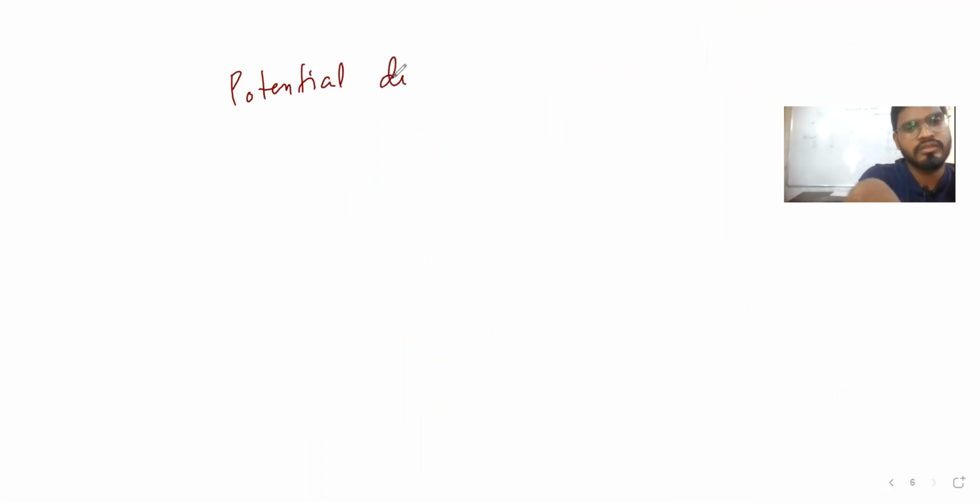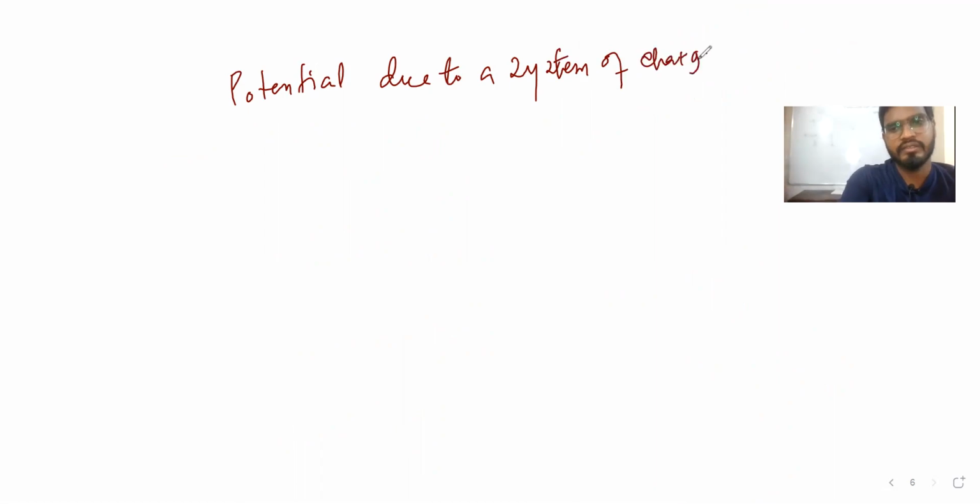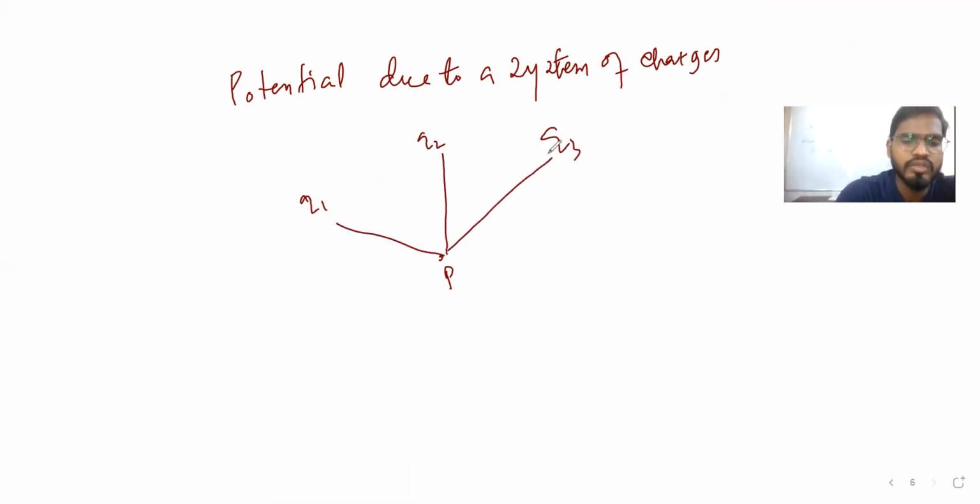Potential due to a system of charges. Suppose point P is there, and we have charges Q1, Q2, Q3 at distances R1, R2, R3.